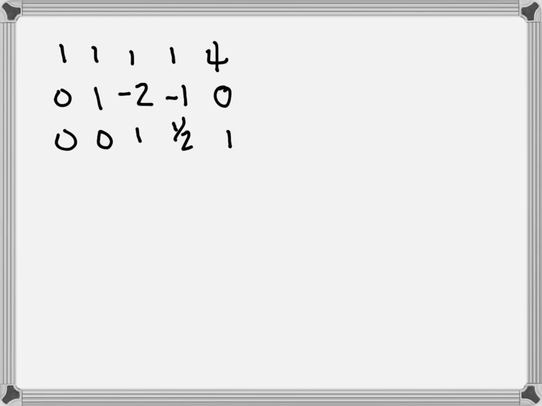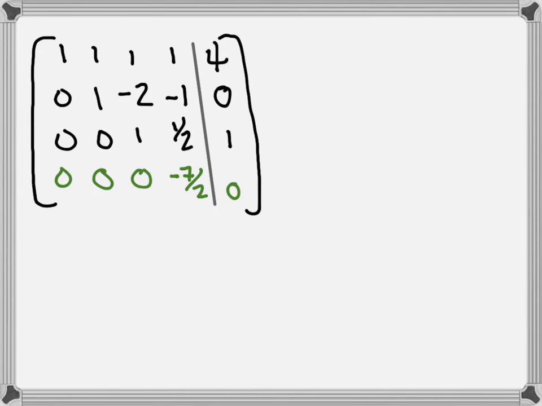And for our fourth row, using our rule, we'll do 9 times 0 plus 0 is 0. 9 times 0 plus 0 is 0. 9 times 1 plus negative 9 creates the 0 that we want. 9 times 1/2 minus 8 is negative 7/2. This is our resulting matrix.